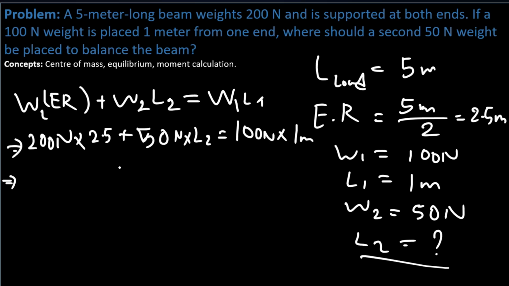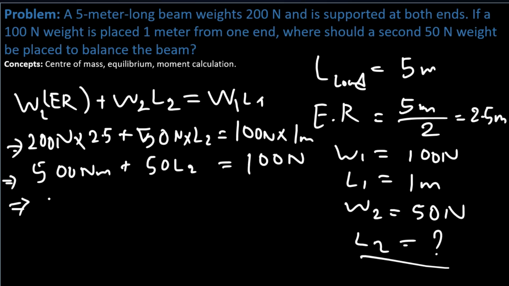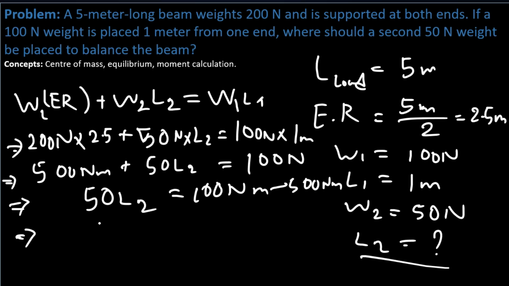So now we need to calculate: 200 times 2.5 equals 500 Newton meter, plus 50 L2 equals 100 Newton meter. So 50 L2 equals 100 Newton meter minus 500 Newton meter, equals minus 400 Newton meter.